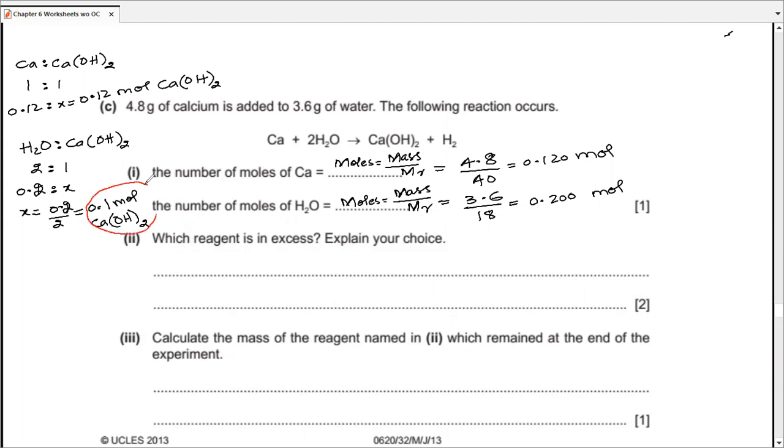Yeah, this one is the lesser number of moles, which proves water to be our limiting reactant. And automatically, calcium would be the excess reactant.